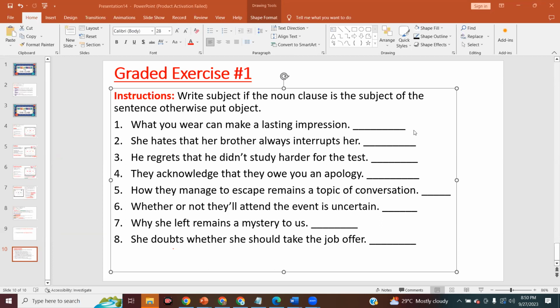Latavia, what number are you on? 7. Okay. Malia Roll, what number are you on? 8. Malik, what number are you on? I'm finished, sir. Did you send in the work? Yes, sir. Okay. Nathan Higgs, what number are you on?